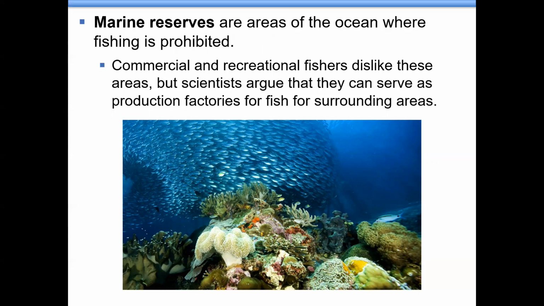So commercial and recreational fishers aren't crazy about these areas, obviously, because they're not allowed to fish here. But scientists argue that these areas are extremely important for replenishing our fish populations. These areas can serve as production factories, if you will, for fish in surrounding areas.